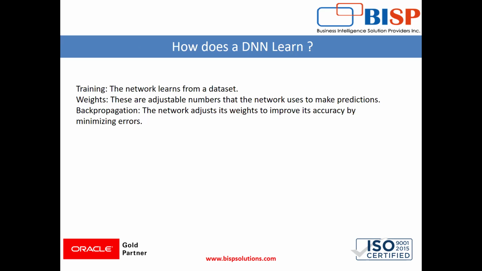How does a DNN learn? First of all, there is the training phase. The network learns from a data set. We provide the data set and based on the calculation, the deep neural network learns. Similarly, weight. Weight is a variable value and we provide weight for calculation. This is the adjustable number that the neural network uses to make predictions.